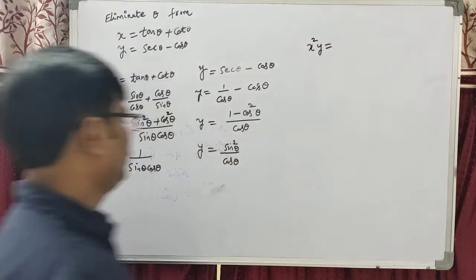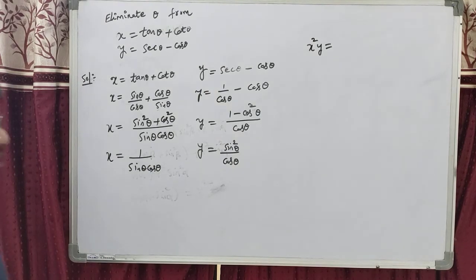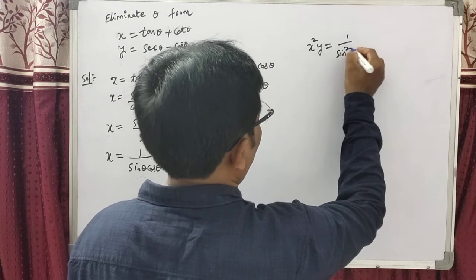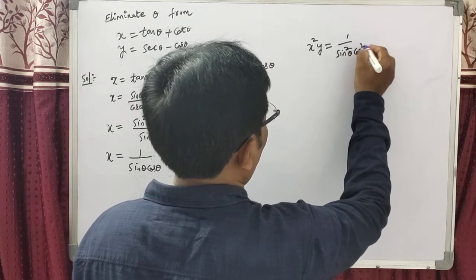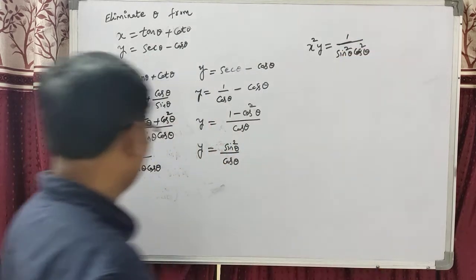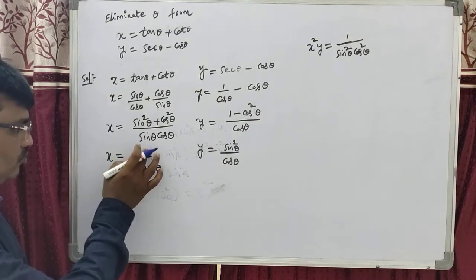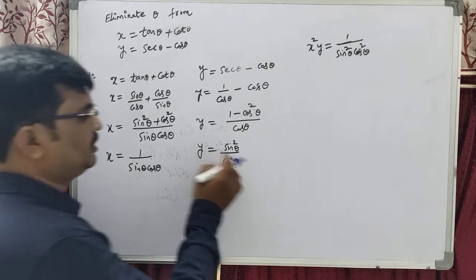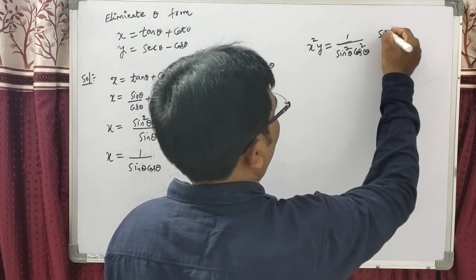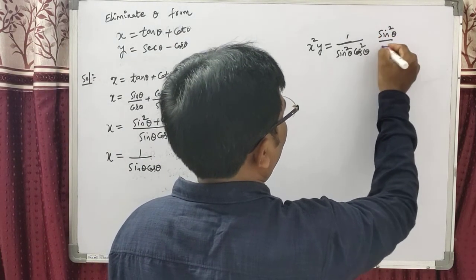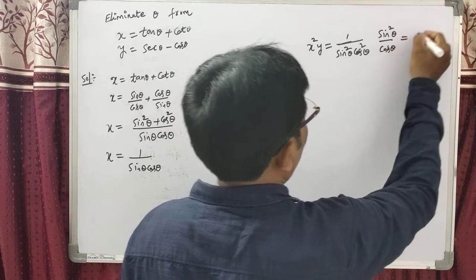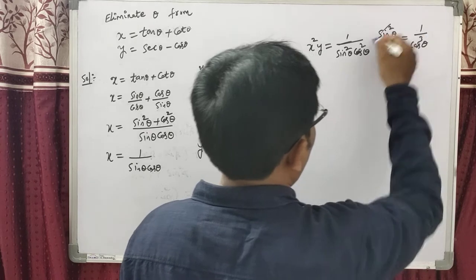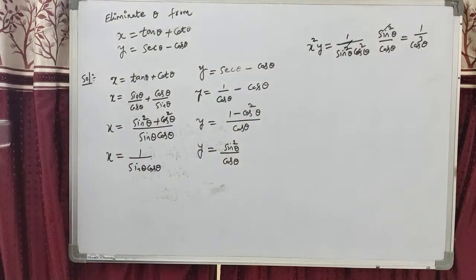X square is 1 by sin square theta cos square theta. Now y is sin square theta by cos theta. Dear students, this is 1 by cos cube theta. These two are cancelled, giving 1 by cos cube theta.